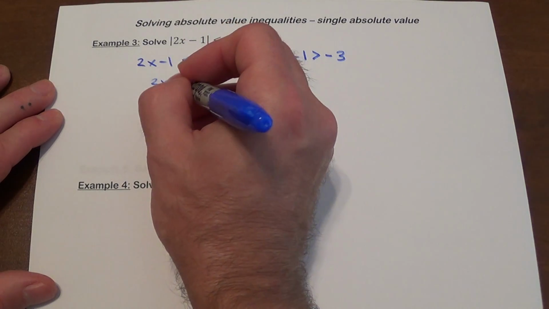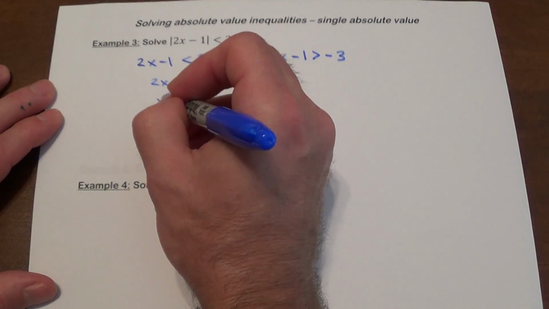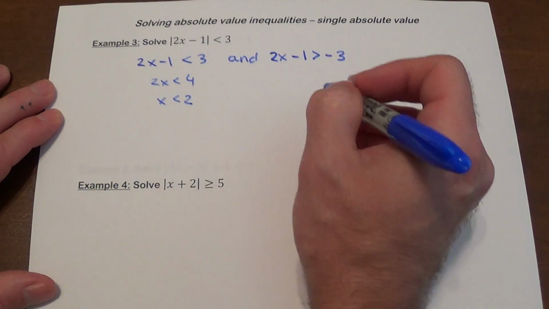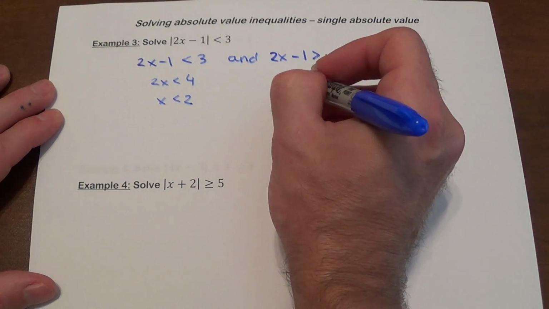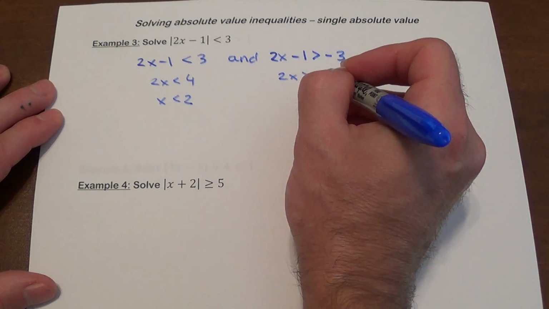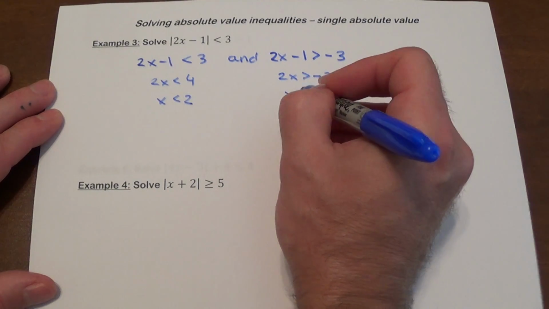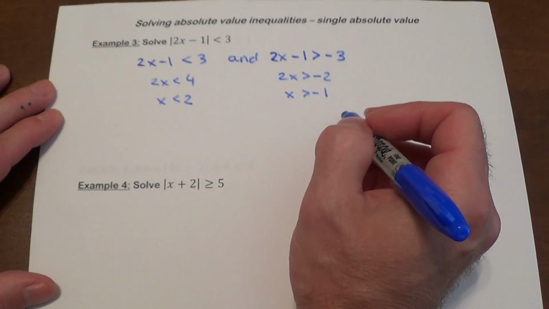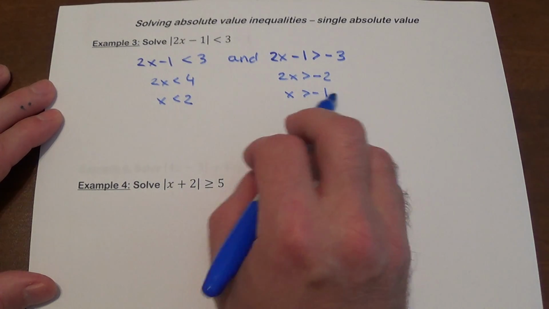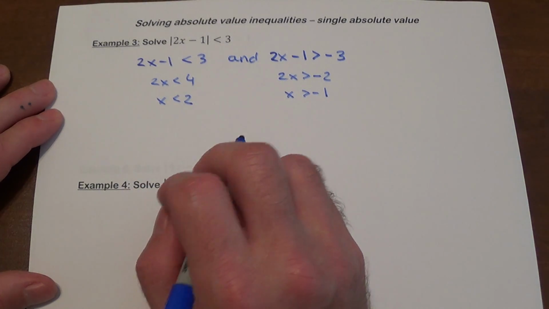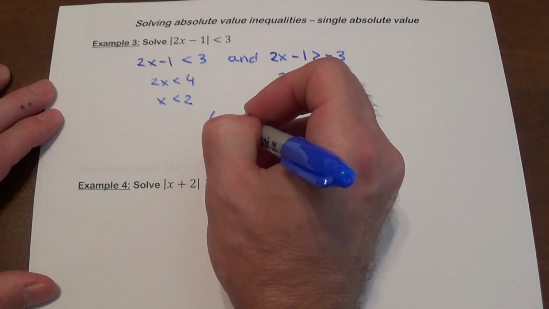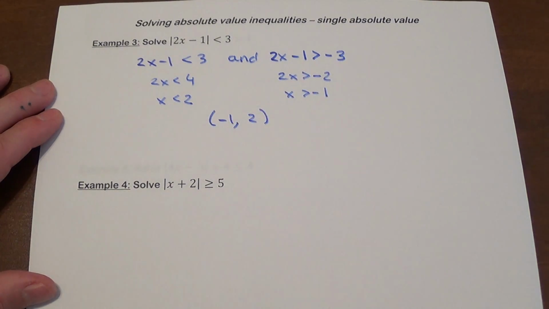So this has 2x is less than 4, which gives you x is less than 2. And here we're going to have 2x is greater than -2, which means x is greater than -1. So we want x to be greater than -1 and at the same time less than 2. It's going to be from -1 to 2, and we are done.